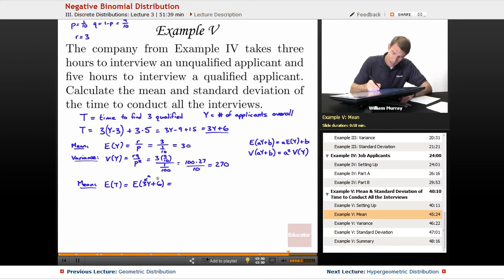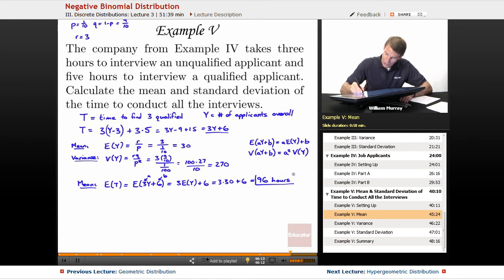That's a, that's b. So it's 3 E of Y plus 6. Now, the E of Y was 30, so that's 3 times 30 plus 6, which simplifies down to 96. Our units here are hours.